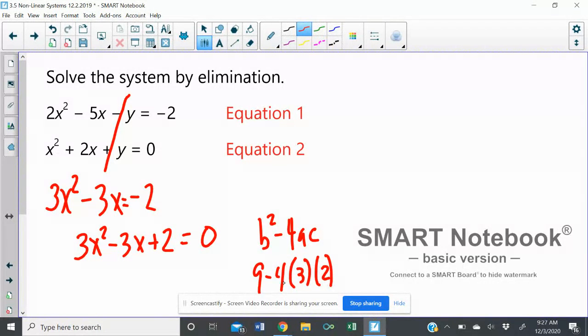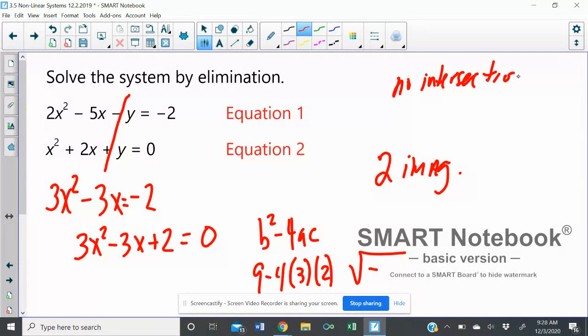And I don't really have to go any further because I know this is going to be a negative value, which means I'm going to have a negative under the radical, which means I have 2 imaginary solutions. And when we're talking about solutions, that means there is no intersection. So no solution here. Again, if you think about it graphing wise, these two just don't intersect.